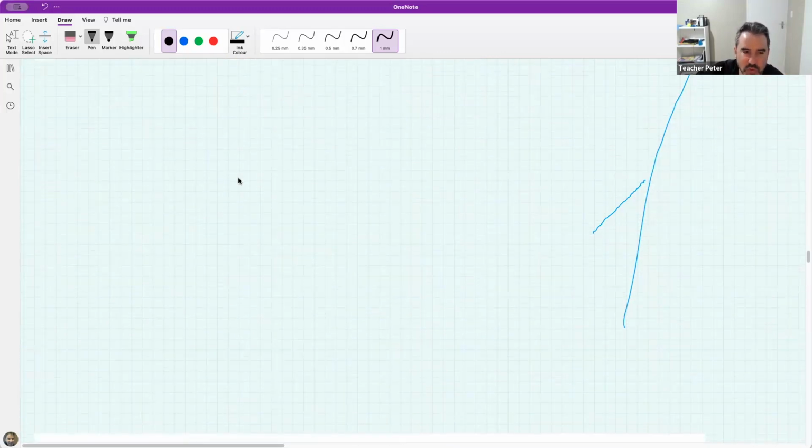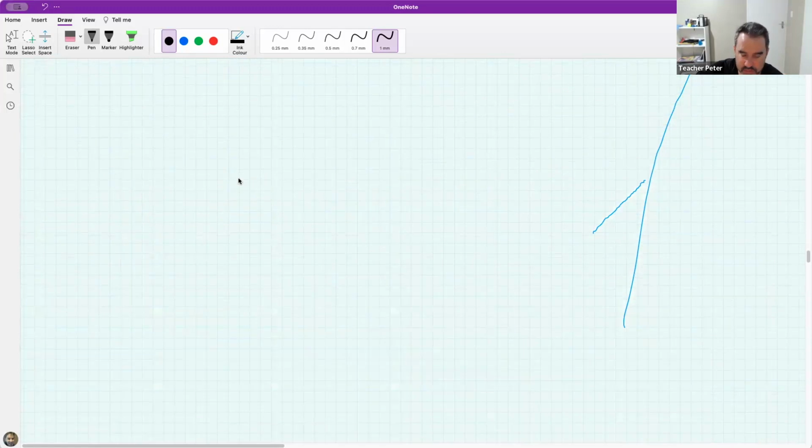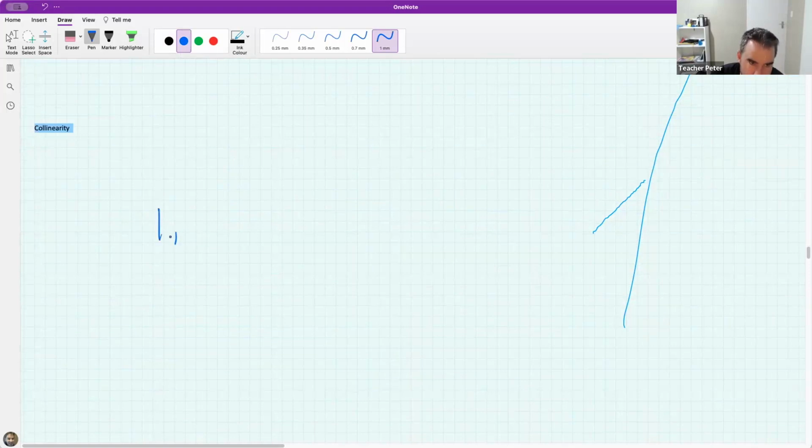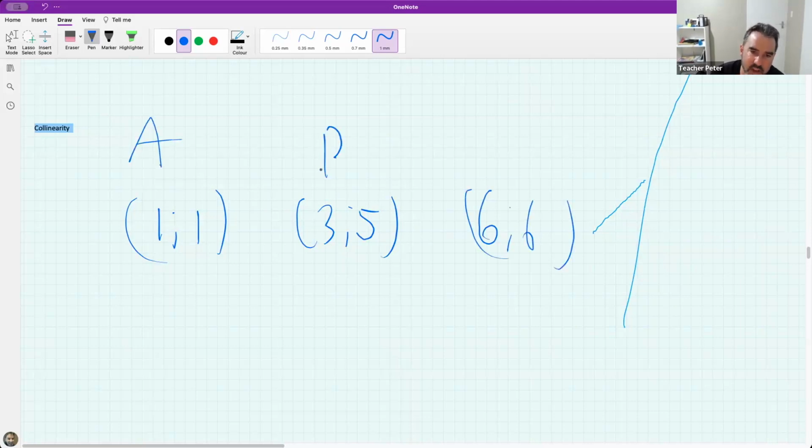Okay, let's finish with one more thing today. I want to finish with collinearity. So I want to know, are the points A(1, 1), B(3, 5), and C(6, 6) on the same straight line?